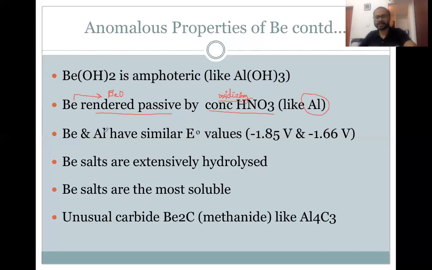Now, coming to beryllium, about the reduction potential values, beryllium and aluminium have similar electrode potential values. However, when beryllium is compared with the other elements in the group, all the other elements will have an E0 value of approximately more than 2 volts.